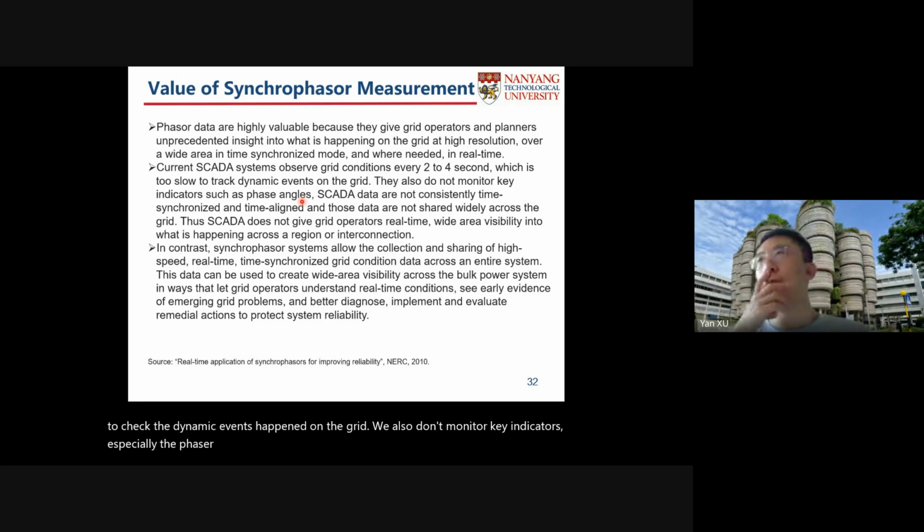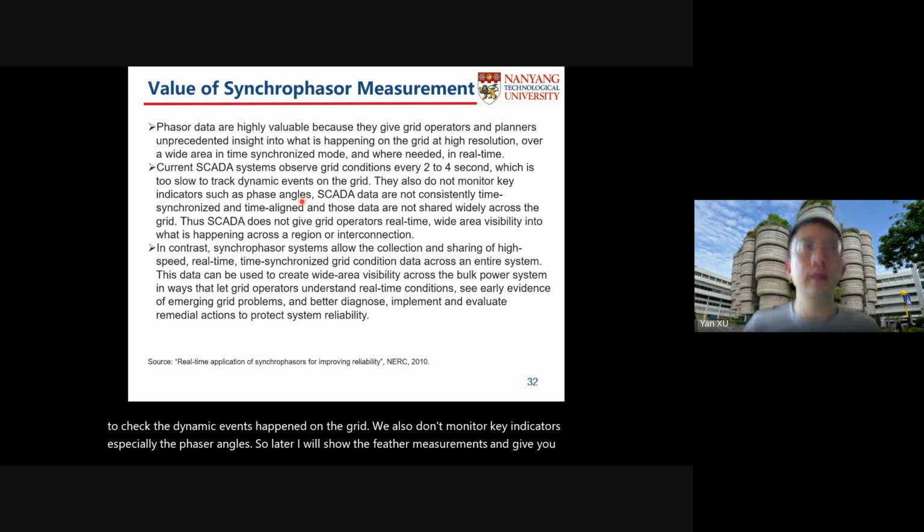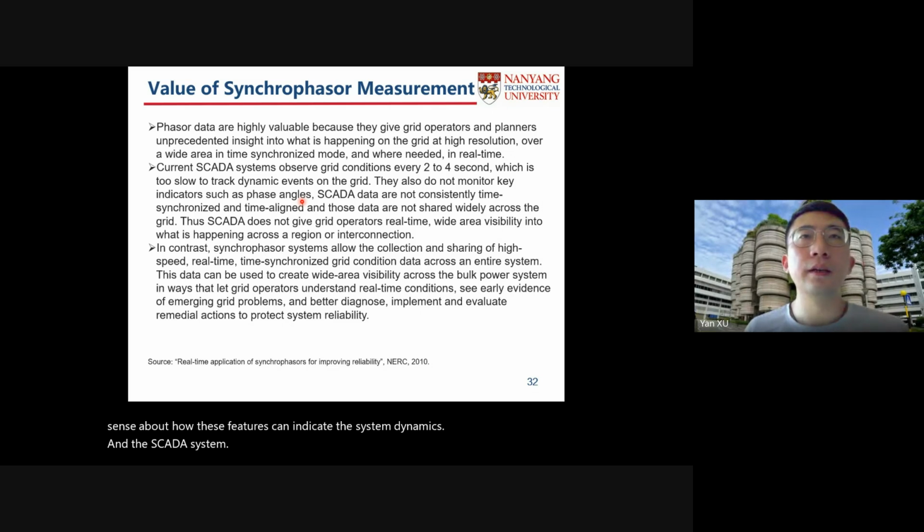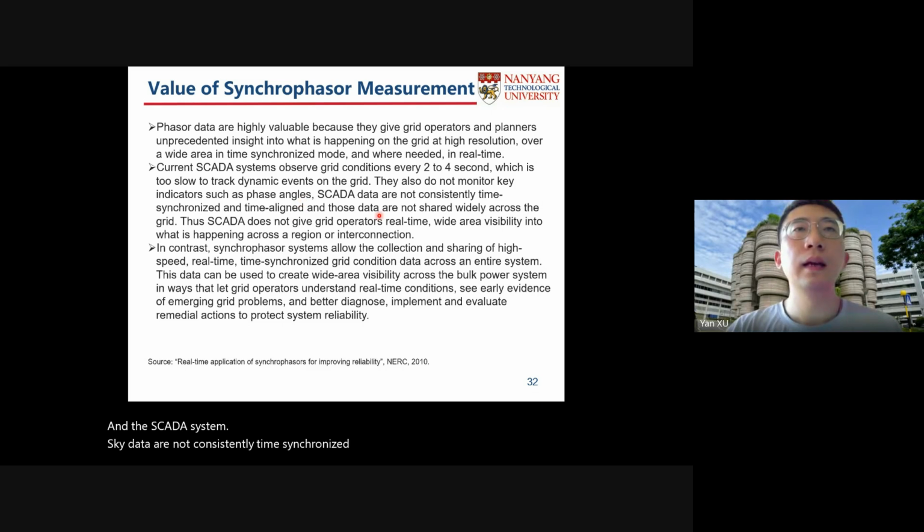Later I will show the phasor measurements and give you a sense of how these phasors can indicate the system dynamics. SCADA data are not consistently time synchronized and time aligned, and those data are not shared widely across the grid.